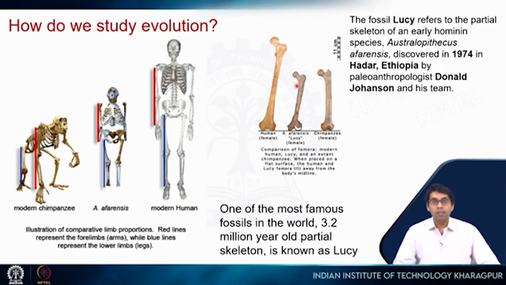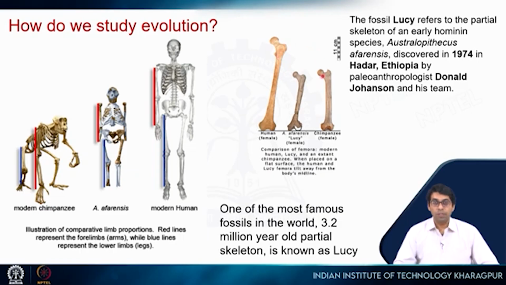This is typical to us, but if you keep a chimpanzee bone, this is the femur, it will stand vertically like this. Now, this tells you that whatever this species is, it shares a characteristic between this and this.